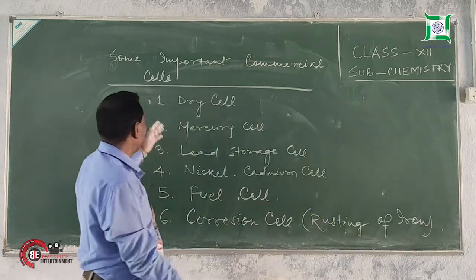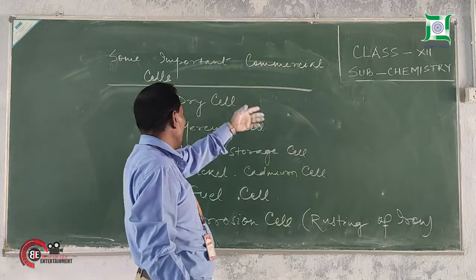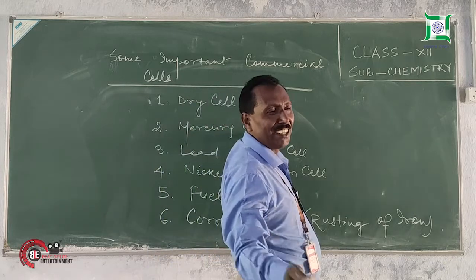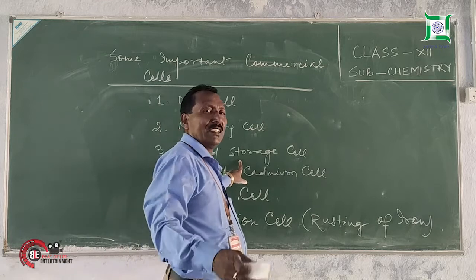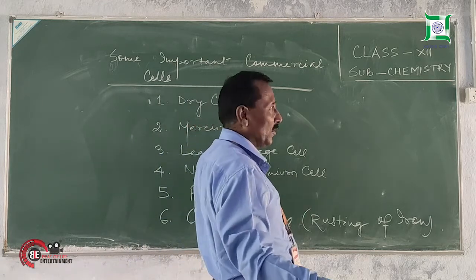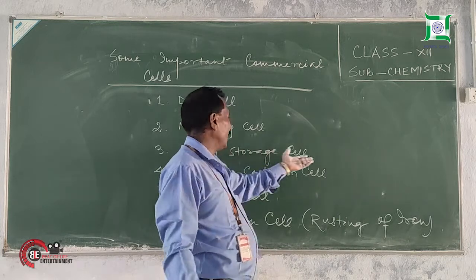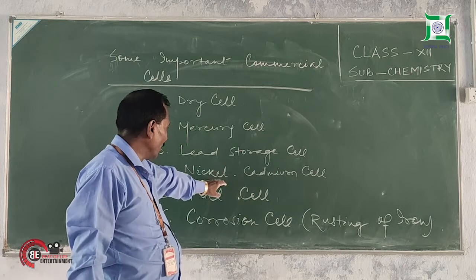So all these cells, dry cell is quite common. Everybody knows dry cell. Mercury cell is used in hearing devices these days. Lead storage cell is used in vehicles, cars and buses.